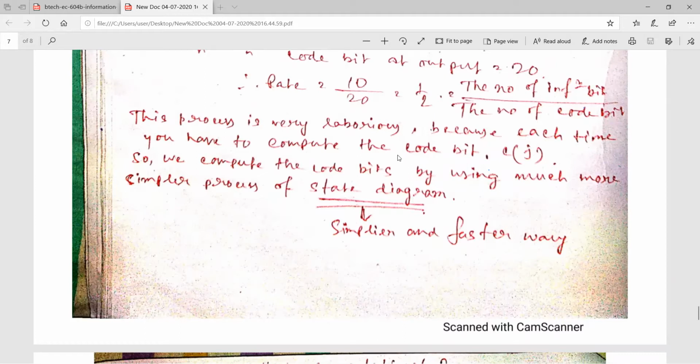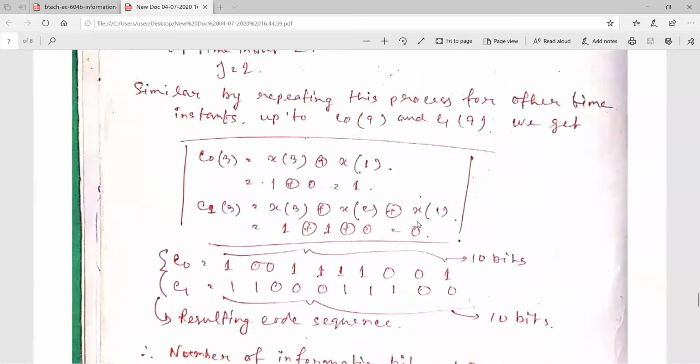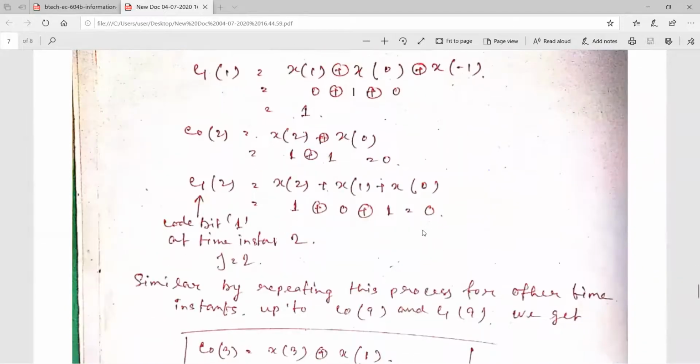We will see later, in the coming lectures, what the state diagram application to the convolutional code is. For now, just take a note that we compute the code bits by using the much simpler process of the state diagram to avoid this laborious computational process.